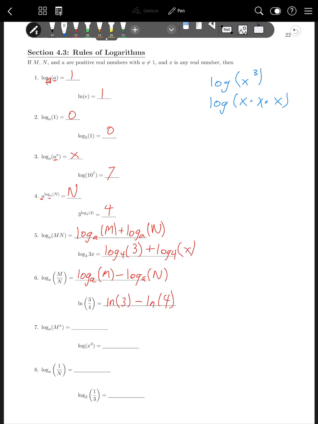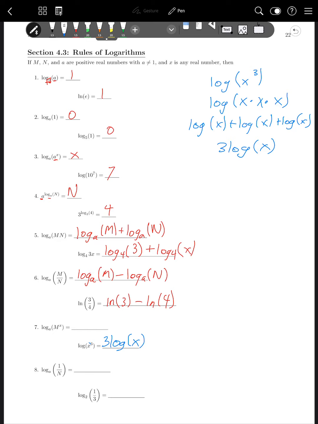Now we could use the sum rule to rewrite this product as the sum of logs. So this would be log of x plus log of x plus log of x. And then if I add those three together, those are all like terms, so that's 3 log of x. So we see from the work we just did that log of x to the third is the same thing as 3 log of x.